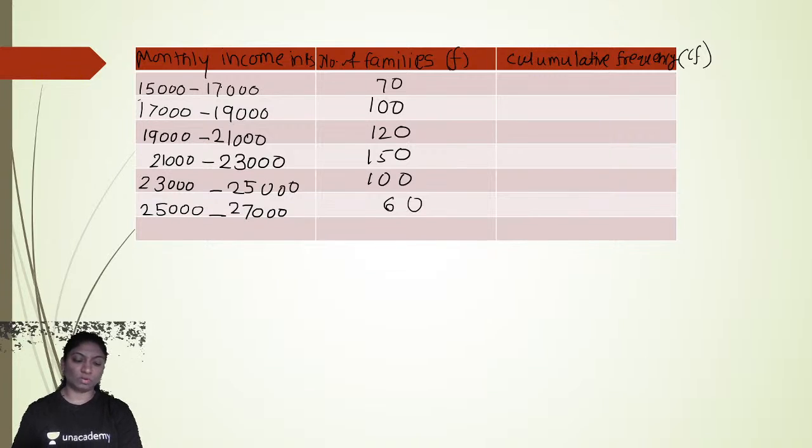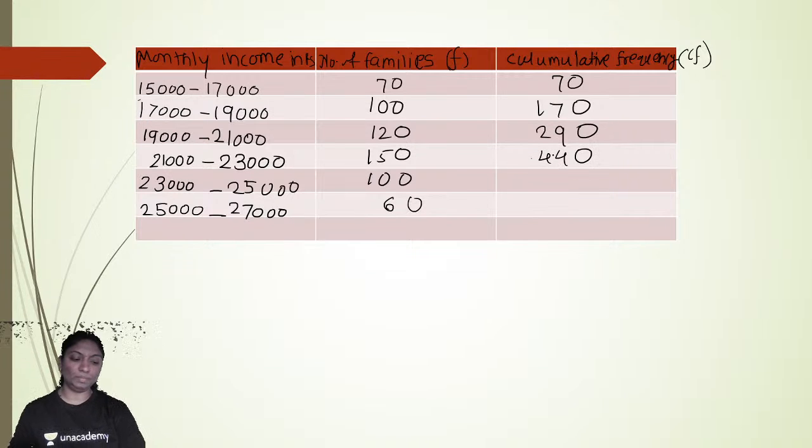Okay. Cumulative frequency as it is: 100 plus 170 plus 120, 90 plus 40, 440, 40.